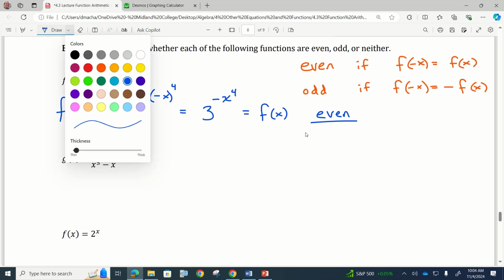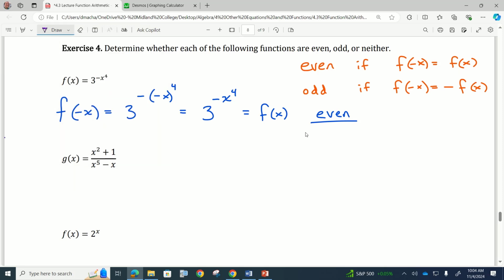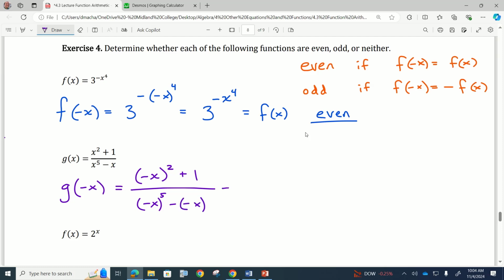I'm going to take that g function and plug in the argument negative x to see what I get. So this would be negative x squared plus 1 over negative x to the 5th power minus negative x. My numerator is just positive x squared plus 1.